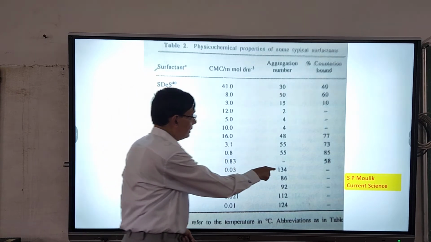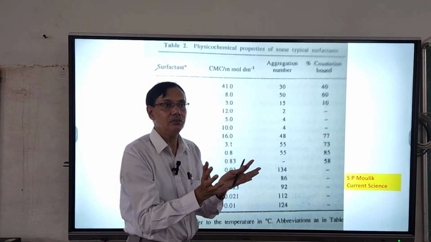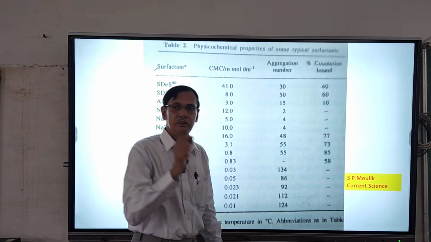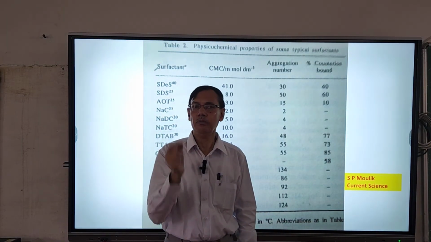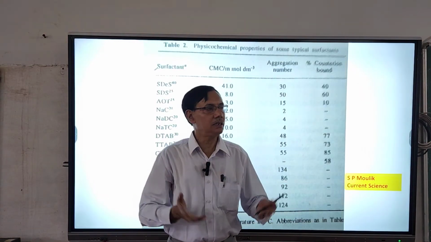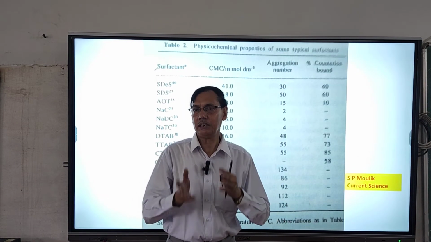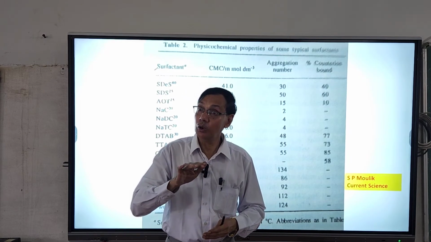You see, its aggregation number is 134 and CMC is 0.03. That means a very small amount of surfactant will be required to enhance the selectivity and sensitivity of the reaction.